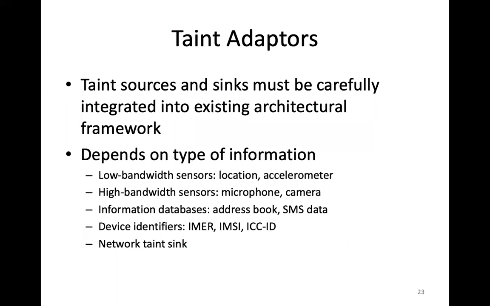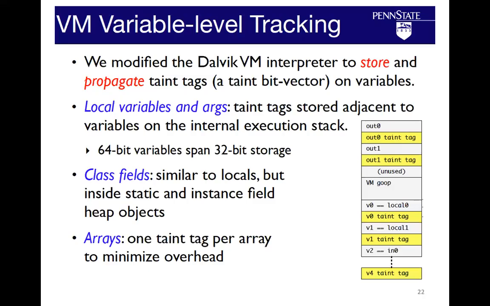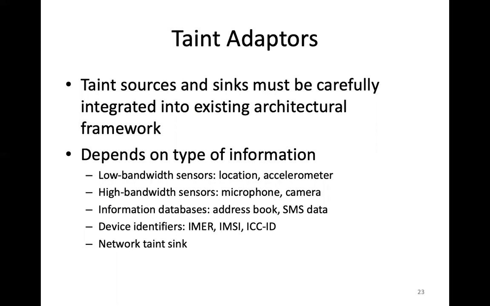All right. So the taint sources and sinks must be carefully integrated. You have low bandwidth sensors, like location and accelerometer, where not that much data comes, so you must ensure that you design your taint tracking appropriately.